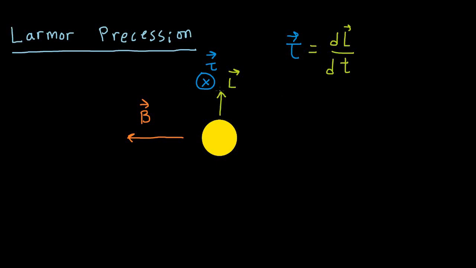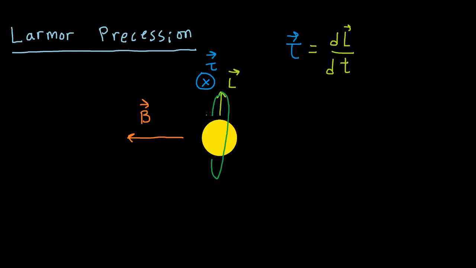So here I'm going to try to draw the circle. It's kind of hard to draw, but all right, so this is the circle that the angular momentum vector L is going to travel in. And this is called precession. That's what precession is, when this angular momentum vector travels in this circle.